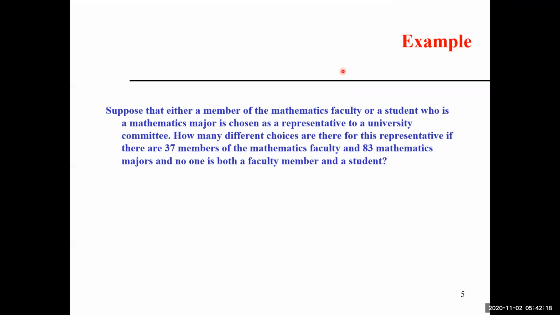So first of all, the people in the groups of 37 and 83 are disjoint. So these two are disjoint sets. That's the first thing. And we have to select only one member. So one member can be selected from 37 people, or one member can be selected from 83 people. So the total number of ways is 37 plus 83, which equals 120 ways to pick a representative.